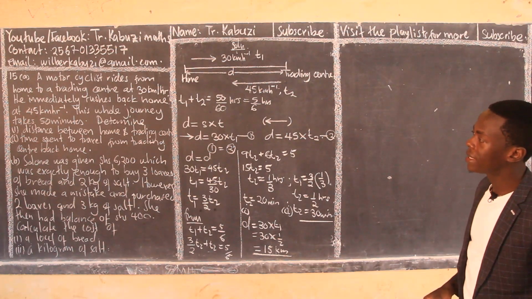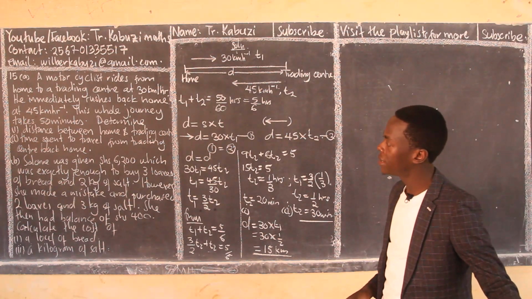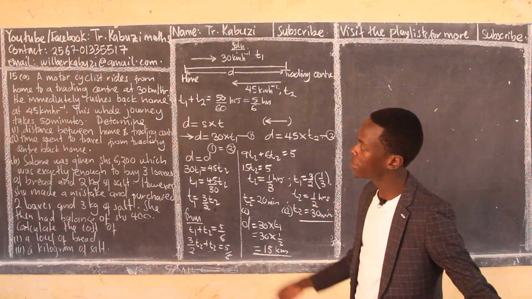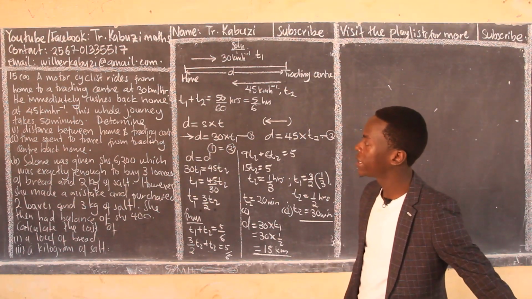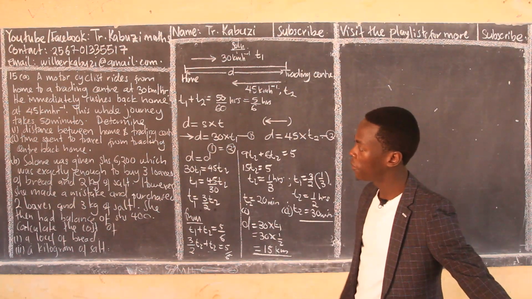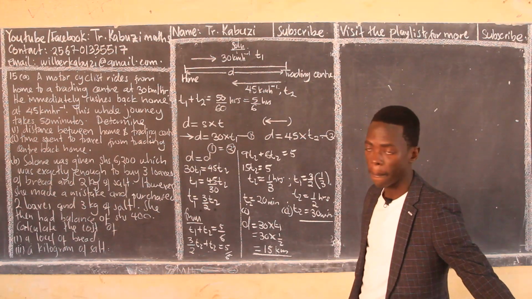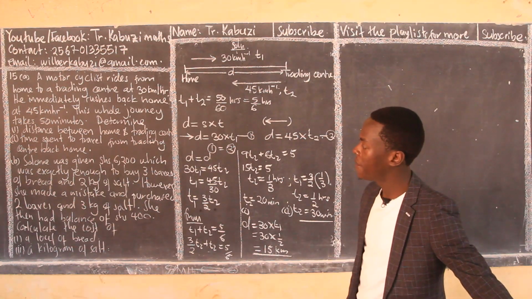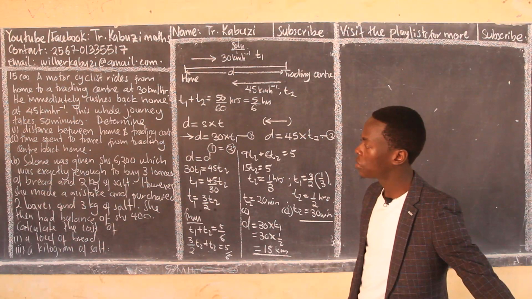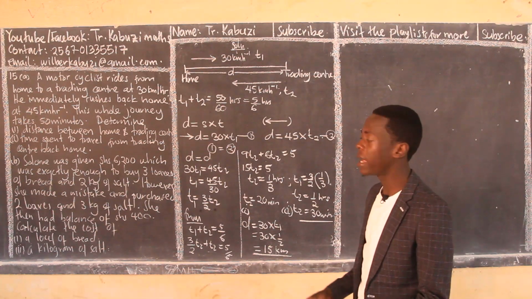Now part B, they are saying Solomon was given shillings 6,200, which was exactly enough to buy 3 loaves of bread and 2 kilograms of sugar. However, she made a mistake and purchased 2 loaves and 3 kilograms of sugar. She did the opposite, by the way.